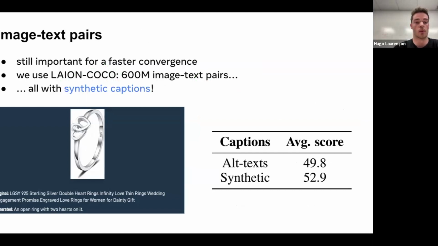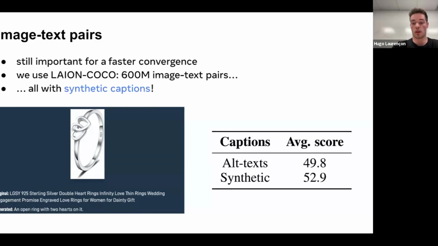so yeah, talking a bit more about the image text pairs. What we did with Idefics2 is that instead of relying on alt text for the image text pairs that are very short or non-grammatical, we decided to use only synthetic captions. So for that, we used the dataset Lion Coco, comprising 600 million image text pairs that were captioned with the Blip2 model, I think.